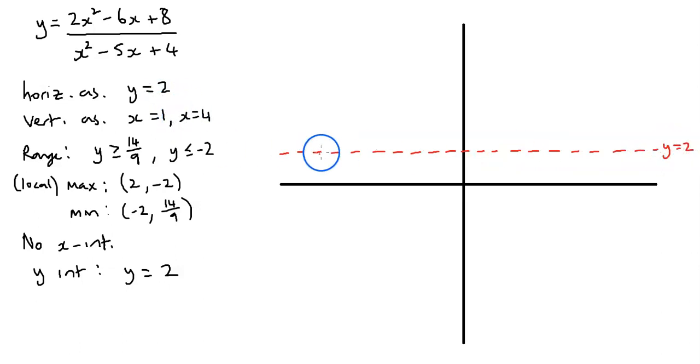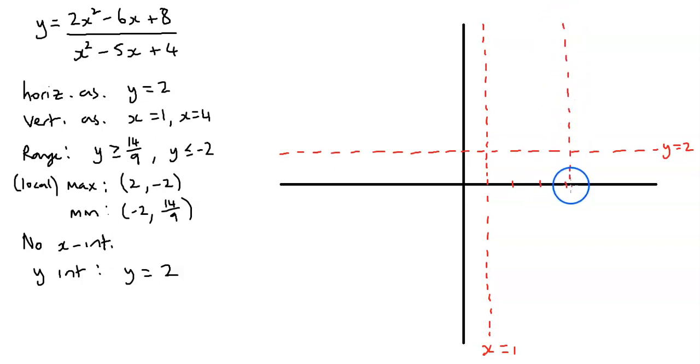And then the vertical asymptotes, x equals 1, or x equals 4. So 2, 3, and 4. Damn, I missed it. x equals 4.